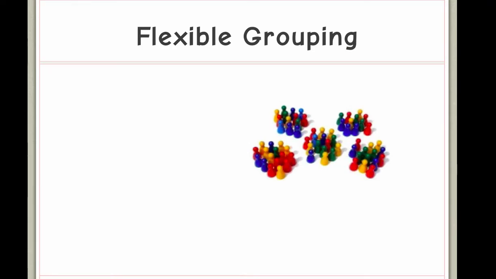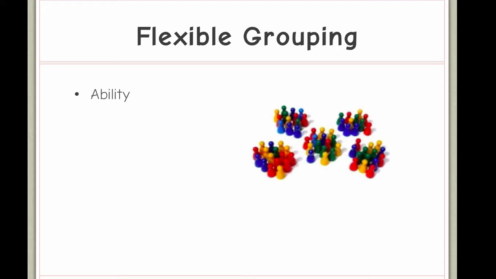Another piece to this is what Carol Ann Tomlinson talks a lot about, which is flexible grouping. And as we've mentioned before, we certainly can group our students by readiness or ability levels, but we don't want that to be the only way we group students. If we always break up by high, medium, and low, or however we're assessing students' abilities and creating the red group, the green group, the purple group, if we're only grouping them by ability, then really we're tracking within this classroom.